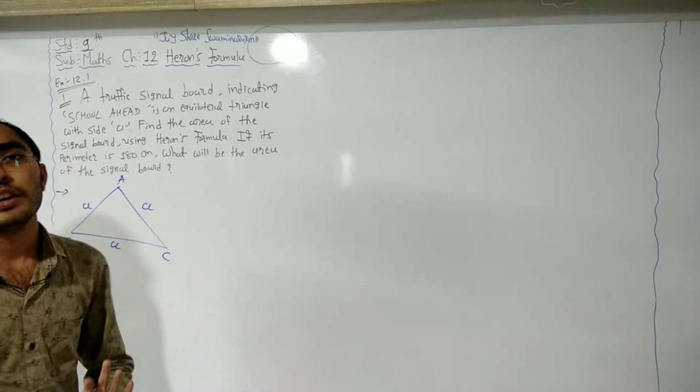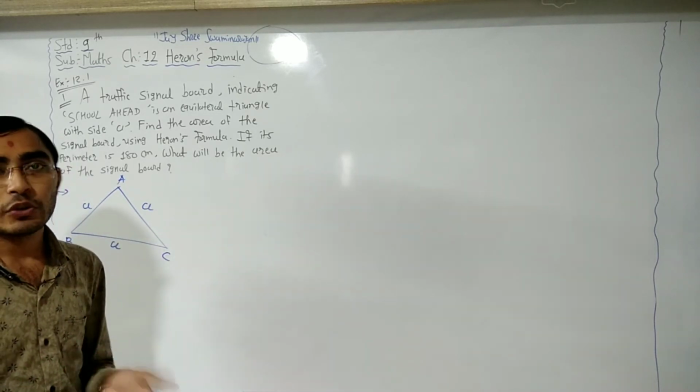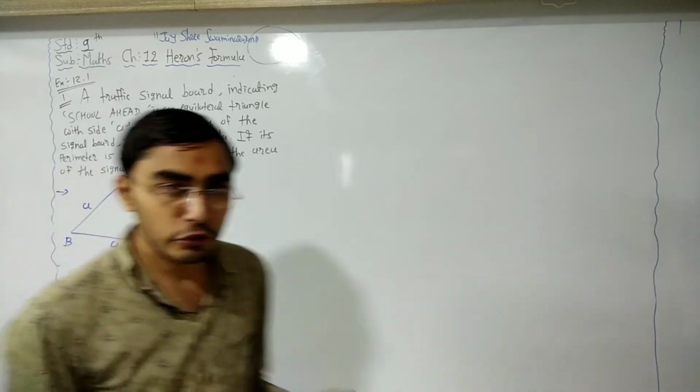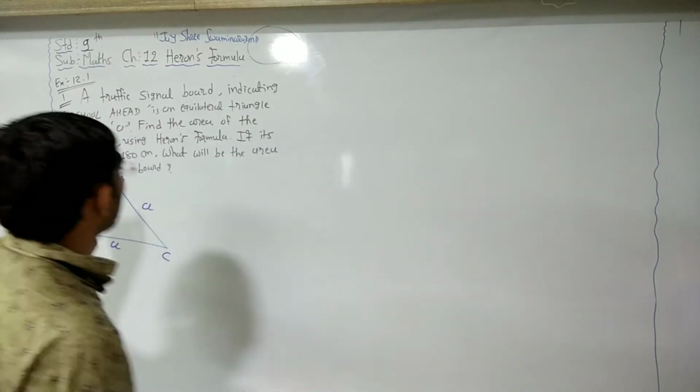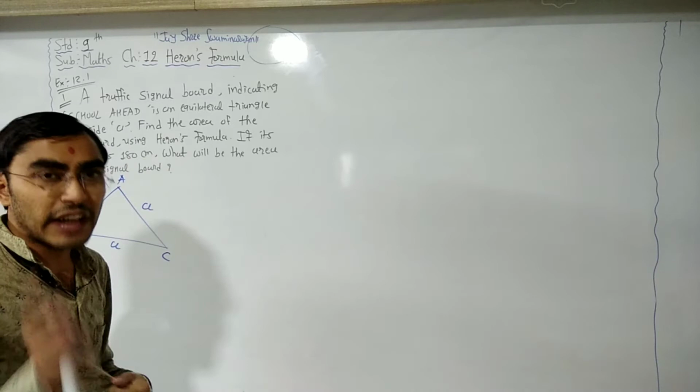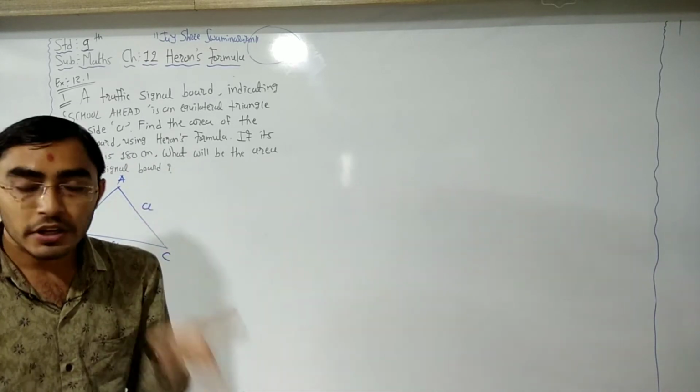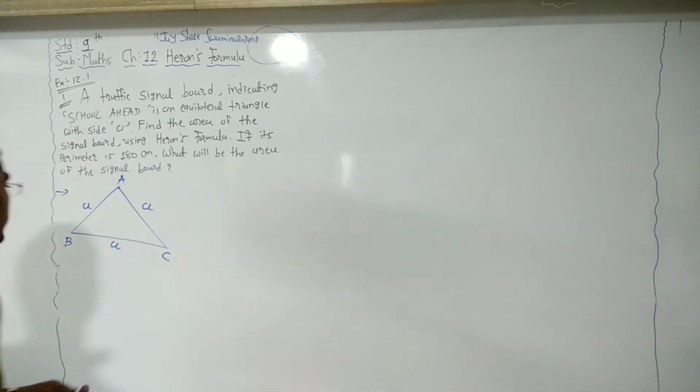Here our side is a, so root 3 by 4 a square. If the line did not say using Heron's formula, we could directly use that formula. But here we need to prove it, so we need to use Heron's formula.